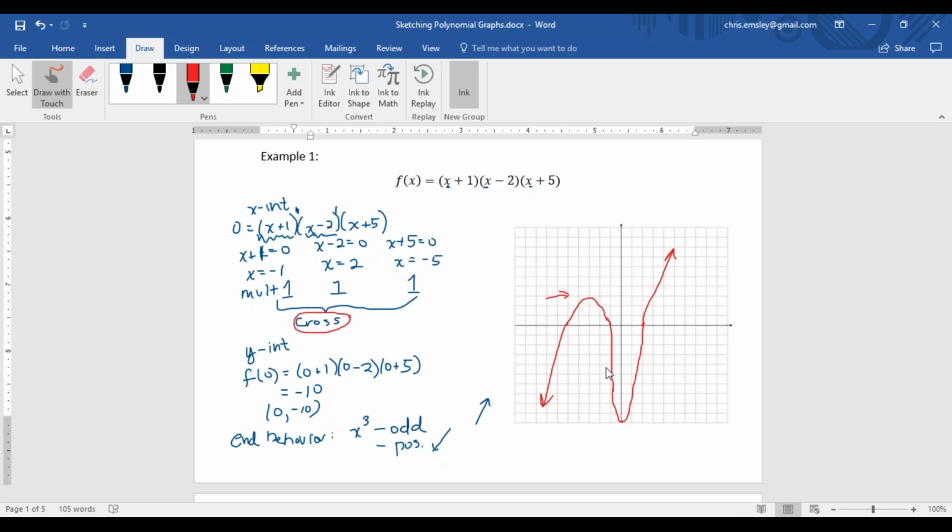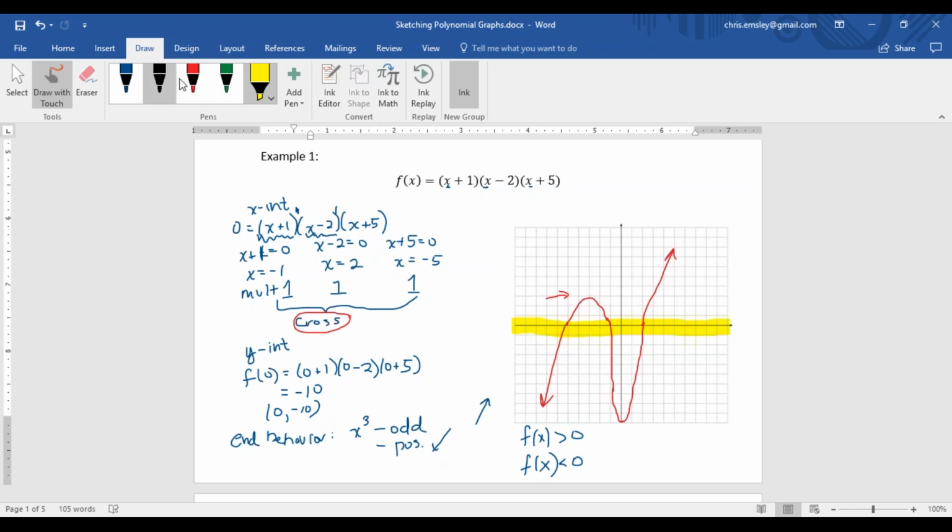The other thing that you might be asked on a question like this is they might ask you to list the intervals, the x values, where your function is positive and where your function is negative. Okay, so that just means we are taking this and we are cutting right at the x-axis.